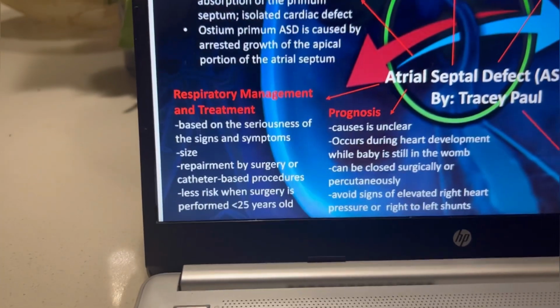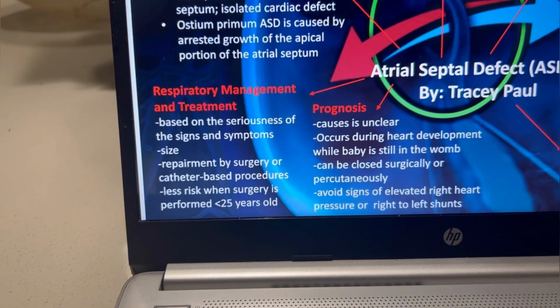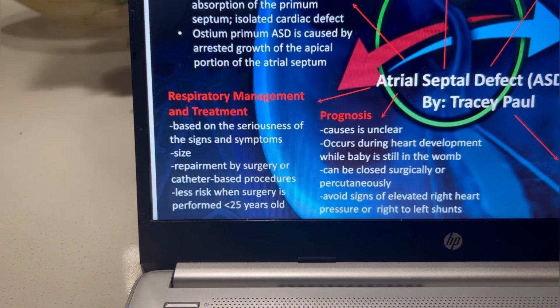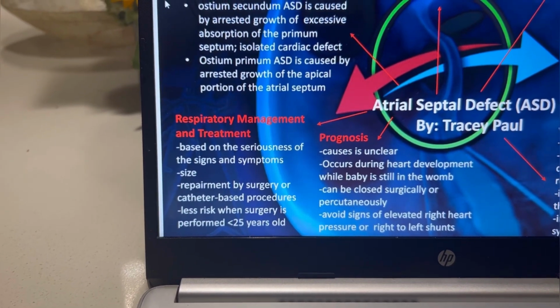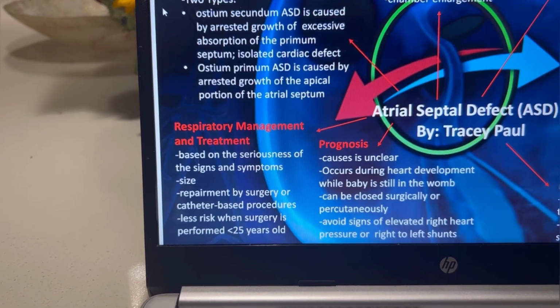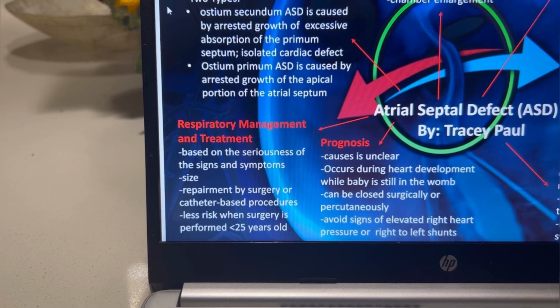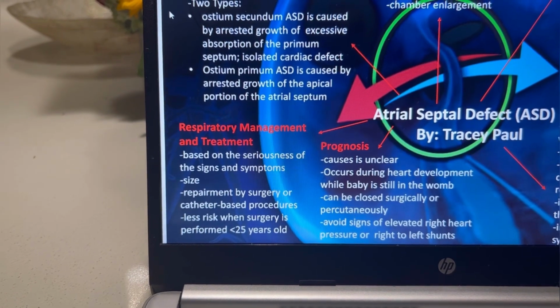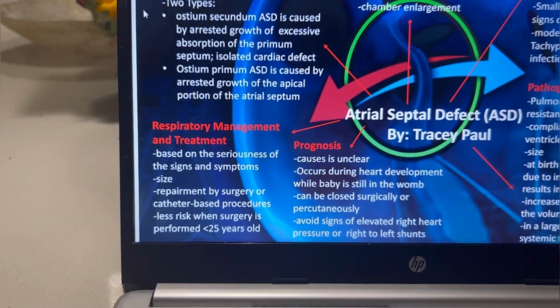And lastly, the respiratory management treatment is based on the seriousness of the signs and symptoms and the size, with repair by surgery or catheter-based procedures, and we want less risk, when surgery is performed at less than 25 years of age.